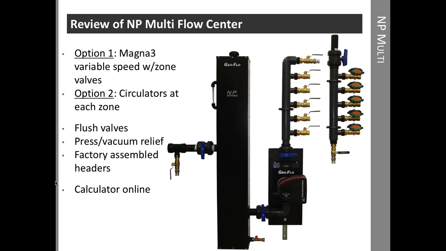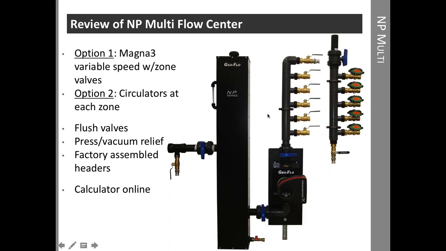All right, so this is the product that we're talking about today, the MP Multi. It has two options. The picture shows the Magna 3 variable speed option with zone valves, and as you can see here, the zone valves or motorized ball valves on the right-hand side are attached to this header that returns for the return piping from the heat pumps, and then the supply header has ball valve shutoff.